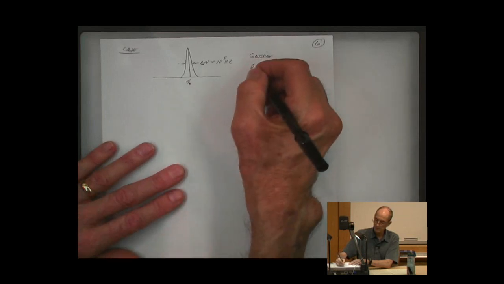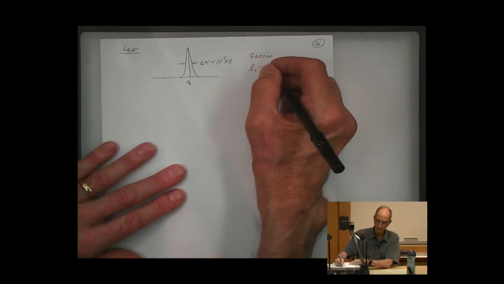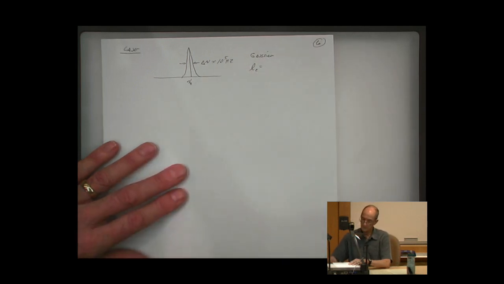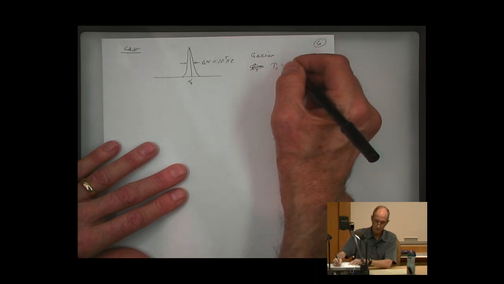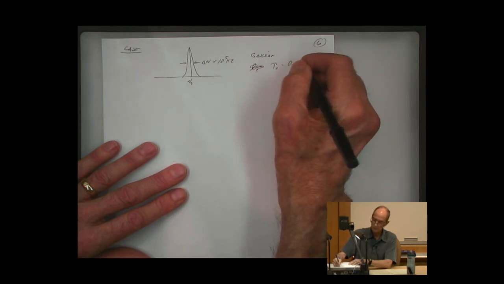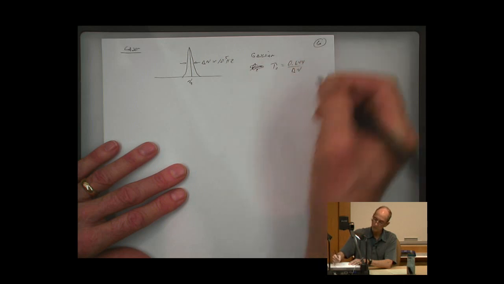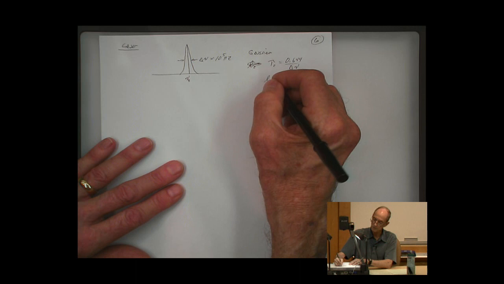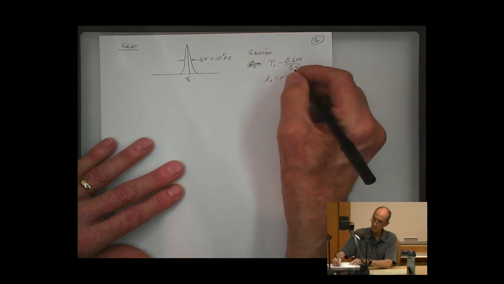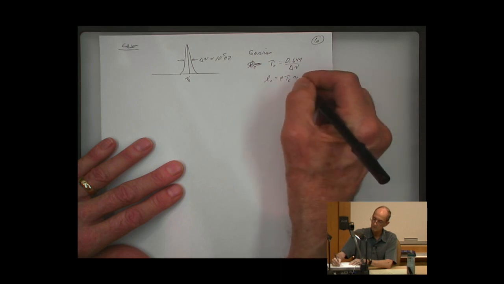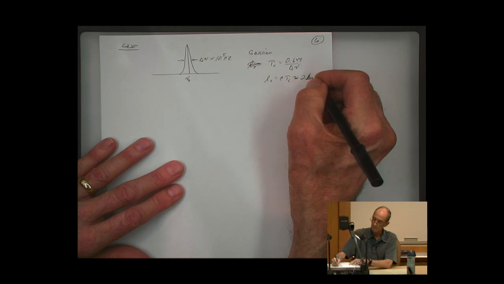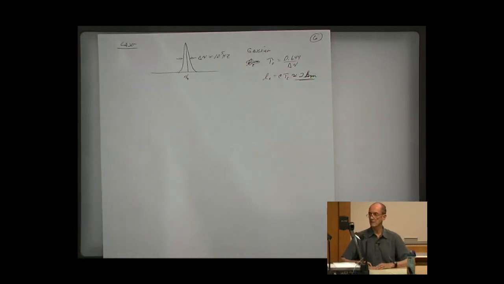We just calculated that the coherence time is equal to 0.644 over delta nu, and the coherence length, L sub c, c tau sub c, if we put in 100,000 there, actually works out to about 2 kilometers. So no problems, we've gone from 11 microns to 2 kilometers.